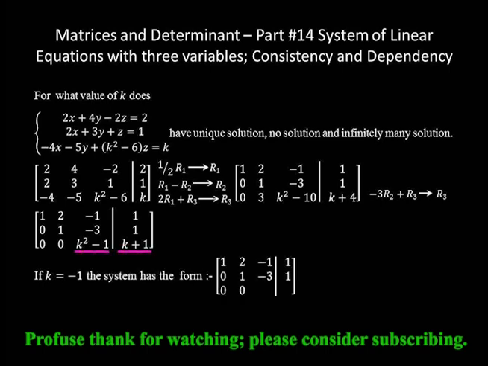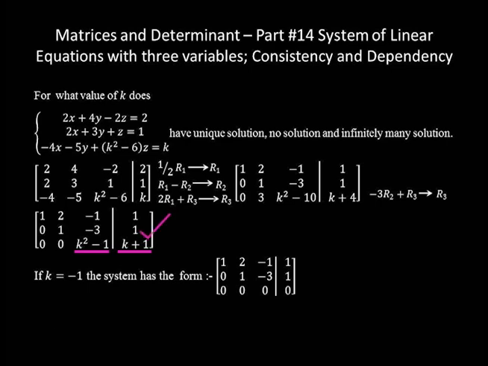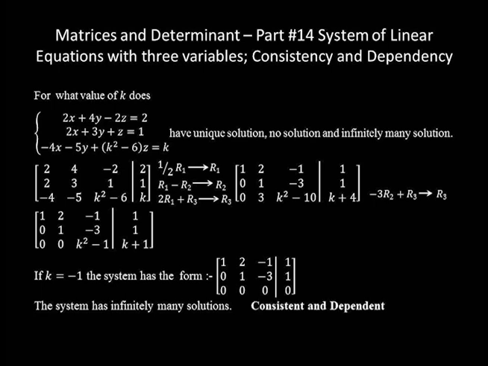If we substitute negative 1 in place of k, negative 1 squared is 1, 1 minus 1 is 0. For this equation, negative 1 plus 1 is also 0, meaning 0 equals 0. This is always true. Thus, if the system of equations has this form, it means the system has infinitely many solutions. If the system has infinitely many solutions, it is called consistent and dependent.